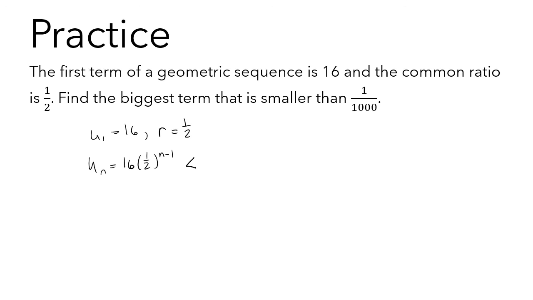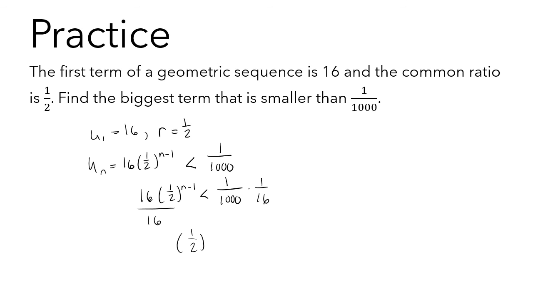I want to figure out when this is less than 1 over 1000. So I'm going to solve it as if it had an equal sign, and I'm going to get a decimal for n, and I'm going to round to the nearest n, and that will be my answer. So first I'll divide by 16 on both sides. That's the same thing as times 1 over 16.